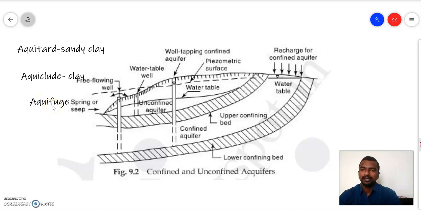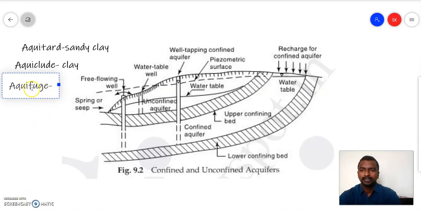In the case of an aquifuge, basically the rock doesn't have any kind of fracture. So whatever water is stored in that particular rock which doesn't have any fracture is called an aquifuge. That kind of geological formation is called an aquifuge.